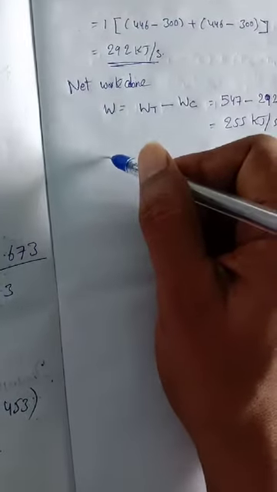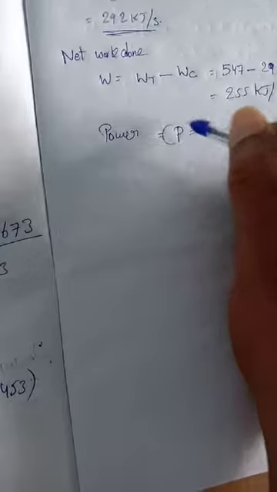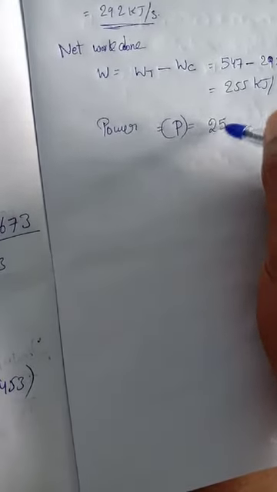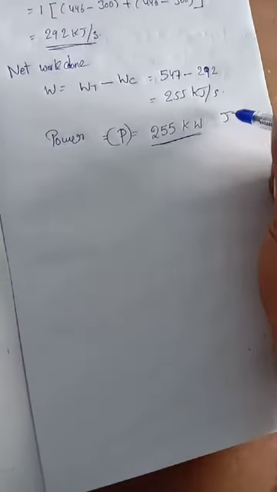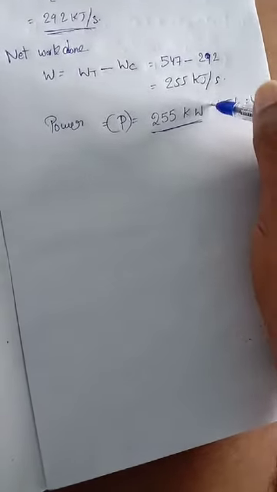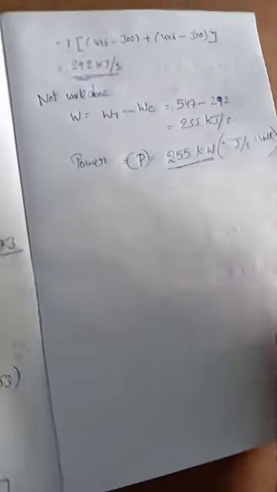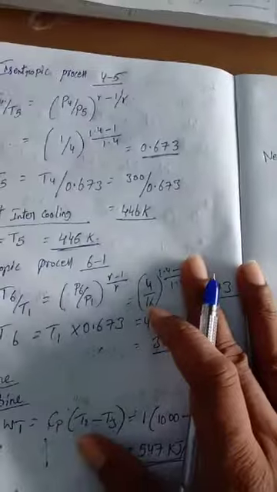So the total power is P is equal to 255 kilowatts. Now here joules per second is equal to watts. Okay, so this is the procedure to solve the gas turbine with intercooling.